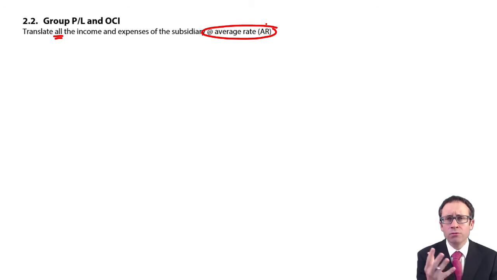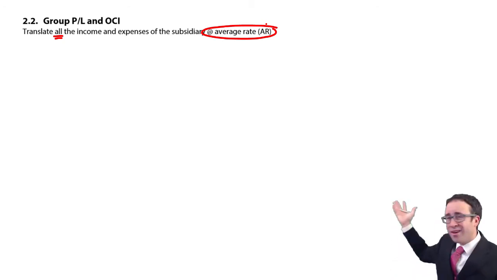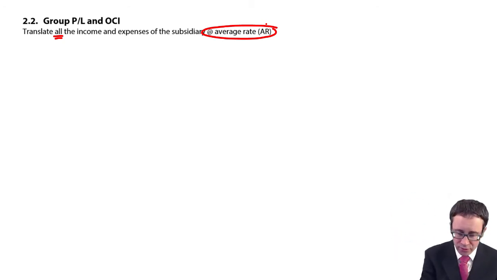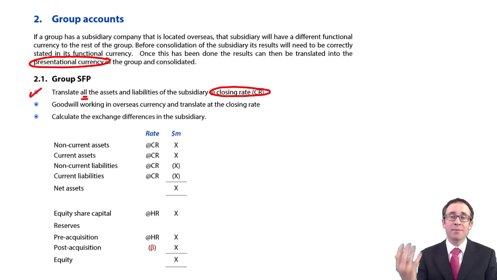So the fundamental rules are really straightforward, aren't they? Translate everything in the statement of profit or loss at the average rate. In the statement of financial position, translate all the assets and all the liabilities at the closing rate.